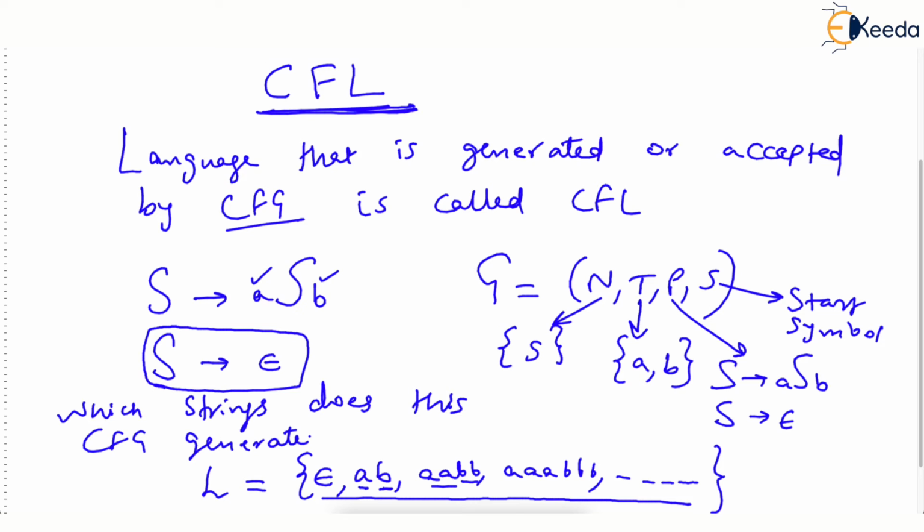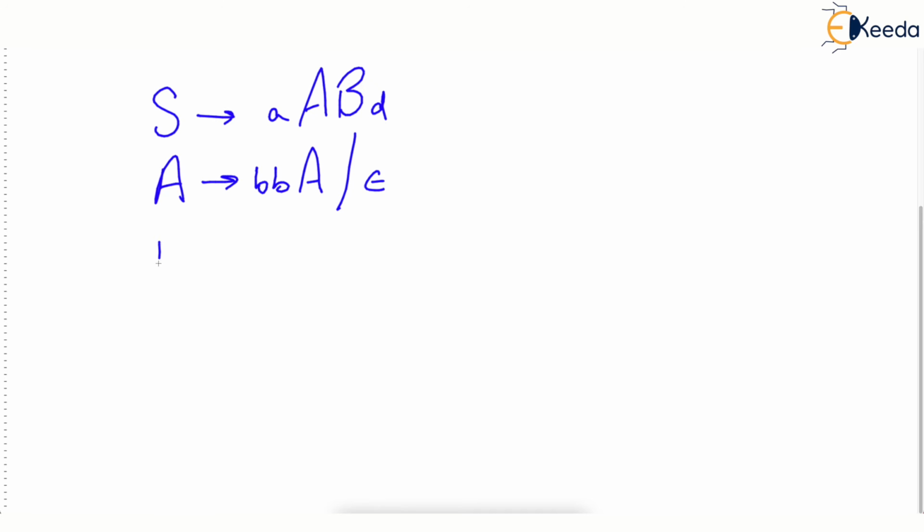As another example, consider a grammar like this: S derives A, B, D, let's say, and then we have A derives B, A, or say B, B, A, or epsilon. B derives C, C, B, or epsilon.